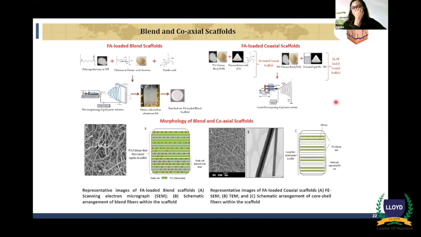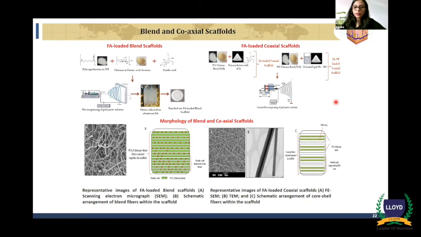So this is a slide stating the difference between the blend and the coaxial scaffolds. In case of the blend scaffolds, the strategy could be to incorporate just one kind of molecule within the scaffold. However, in a coaxial scaffold, we can always have a balance between the hydrophilicity as well as the lipophilicity.